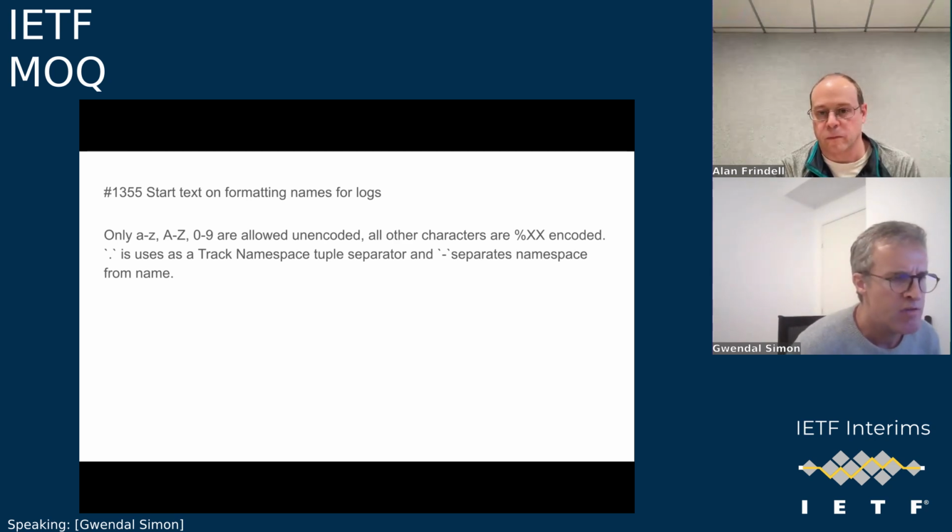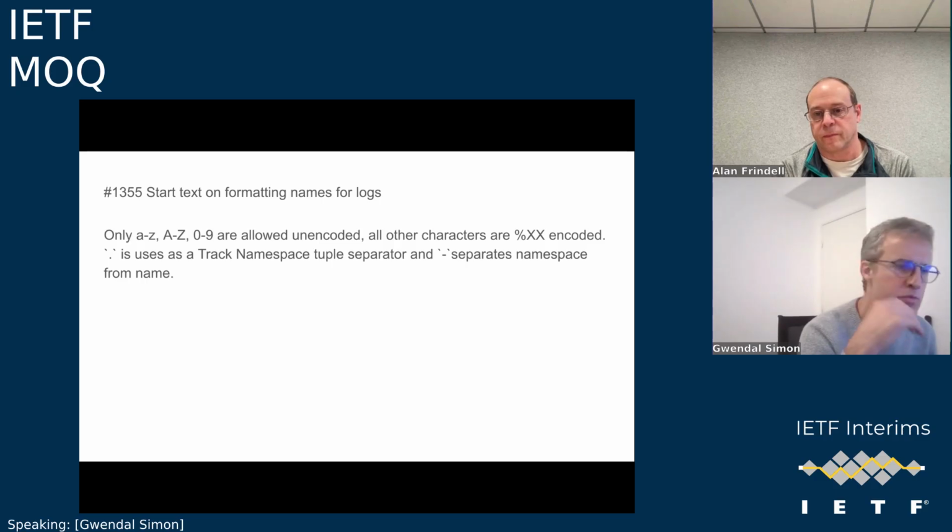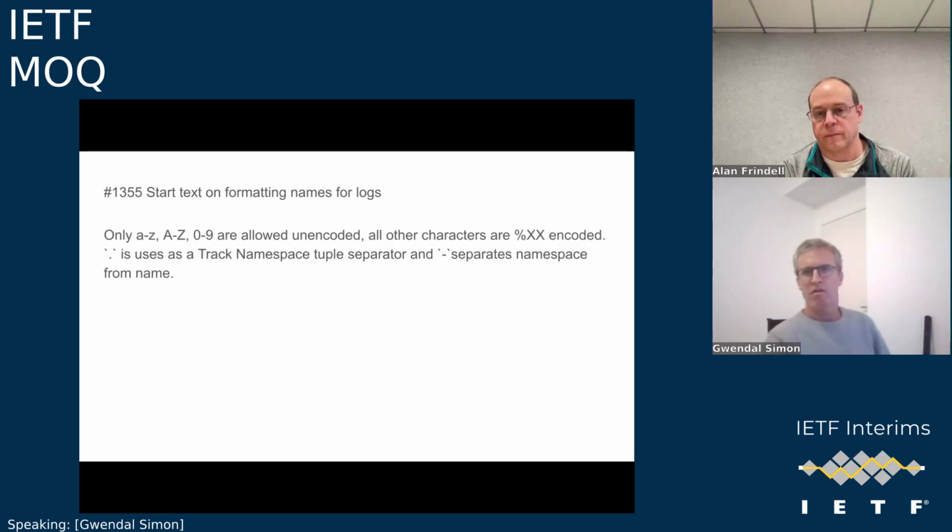And we have the same kind of conversation in WARP or MSF on the URL formatting. So I think in general, we have an issue of transforming the namespace and tracks into something which can be transported with the uncoded string. I don't have any opinion about it, but it's not related to logs only.